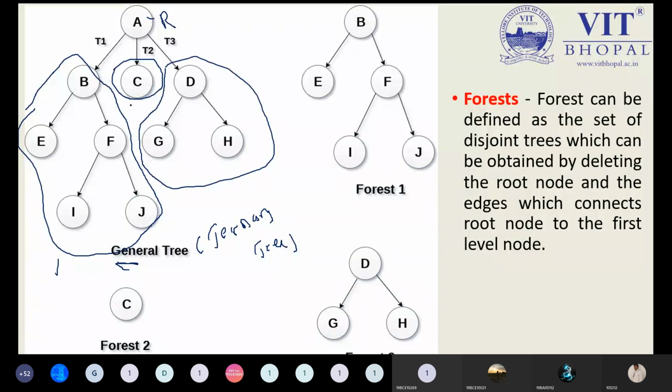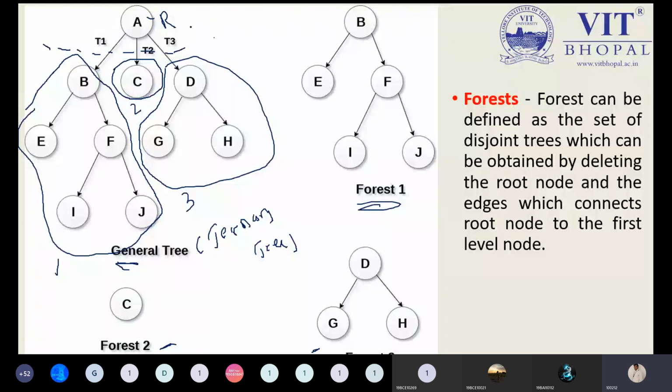So how many subtrees can we have? One, two, and three subtrees, and those are recognized as forest one, forest two, and forest three. How did you find this? This is a forest because it is disjoint. What happened? I just removed the node from its various subtrees. After removing the node, we finally have the various parts of the tree, and those are recognized as the forest.